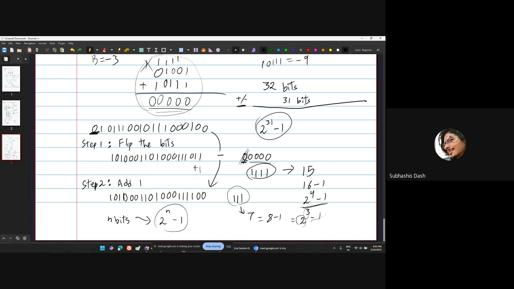Now tell me what's the biggest negative number that we can get. Okay, so what will happen if we just set everything to 1?